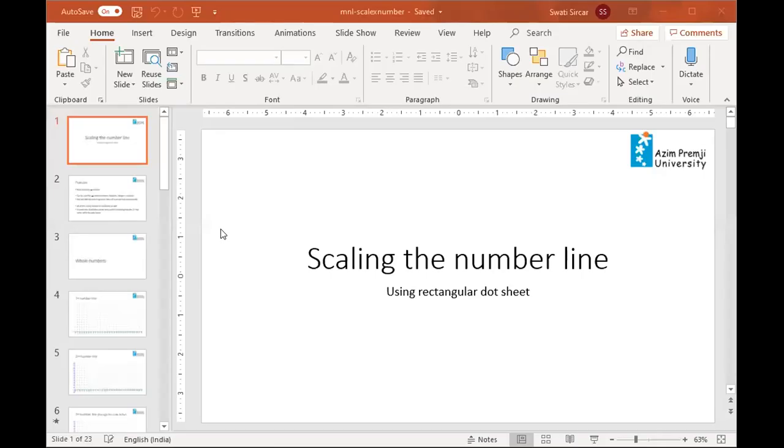So the basic idea is that of projection, and you can start with whole numbers and then build up. Okay, and it can start as a dot sheet activity.